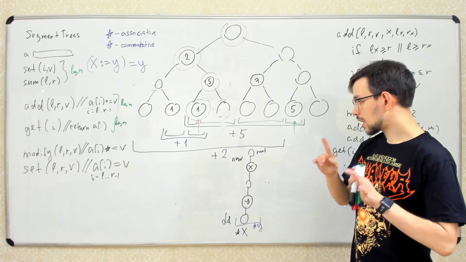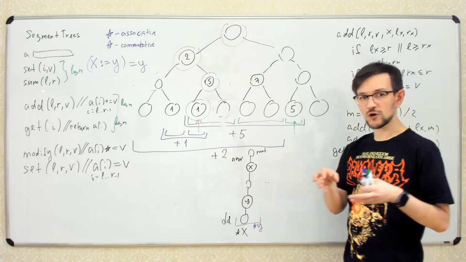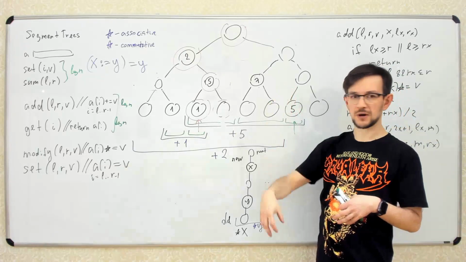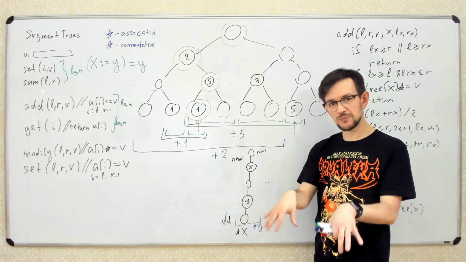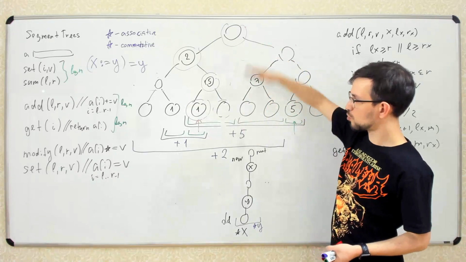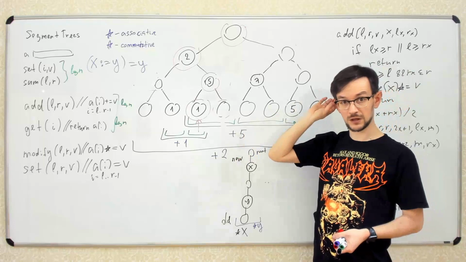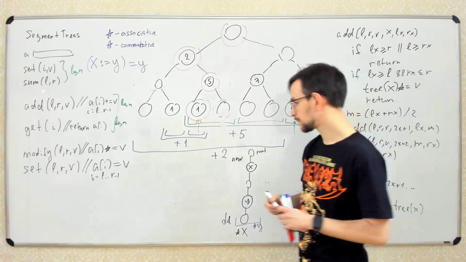So how will we fix this? A very simple way. We will try to move these operations deeper in the tree in such a way that all operations will at some point go to the leaves of this tree. This technique is called lazy propagation.